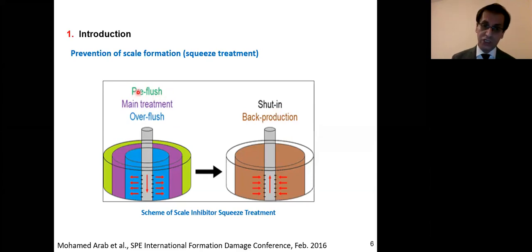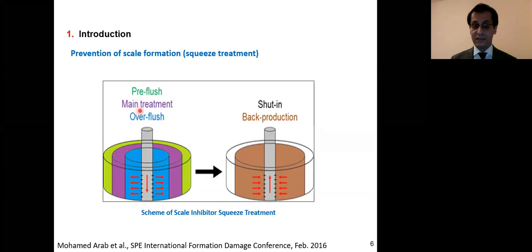In pre-flush, we inject a mutual solvent or any type of surfactant to prepare the surface of the rock for retention or adsorption of scale inhibitors. The main treatment includes injection of scale inhibitor through the production line into the area around the wellbore.